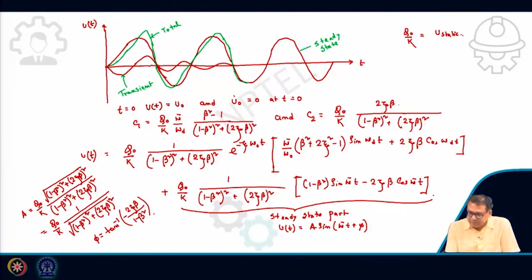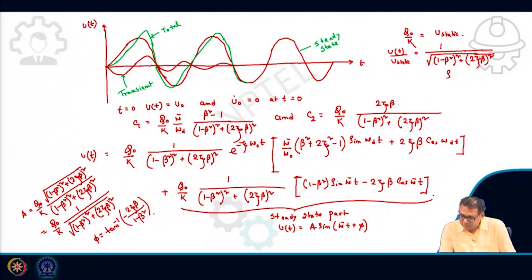So if I write this u(t) by u static, then this part will be simple: 1 by root over 1 minus beta square whole square plus 2 damping ratio beta whole square, and this term, because this A part is there, so I can write this also into sine omega bar t plus phi.